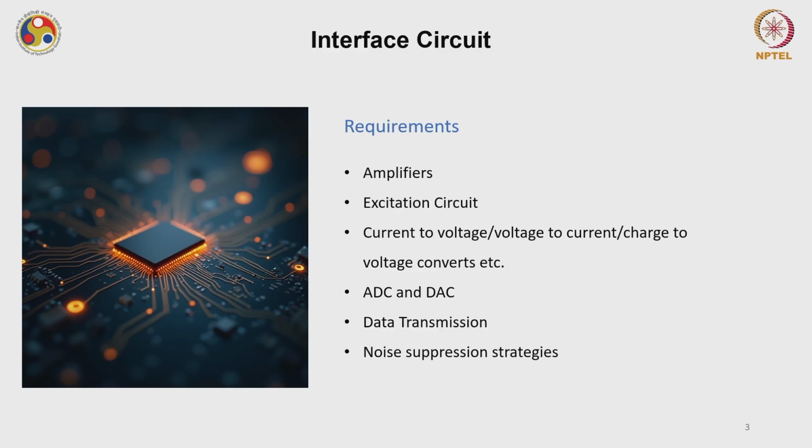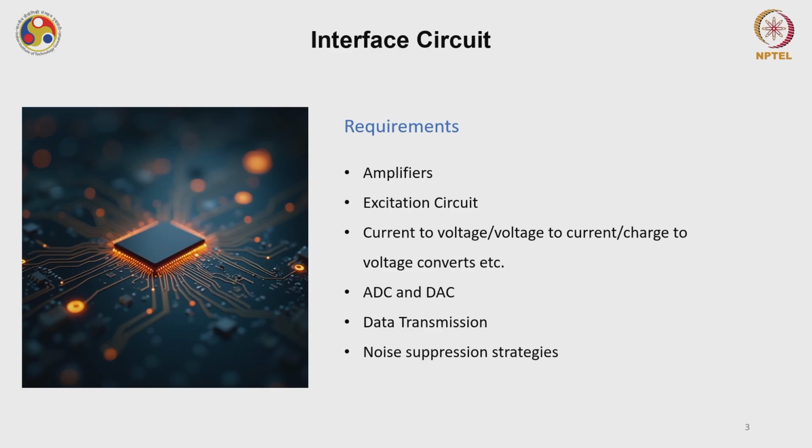Then we may require a current to voltage converter if the output of the sensor is in the form of current and the input of the load is in the form of voltage. Similarly, we may need a voltage to current converter if the output of the sensor is voltage while the load can only accept signals in the form of current.